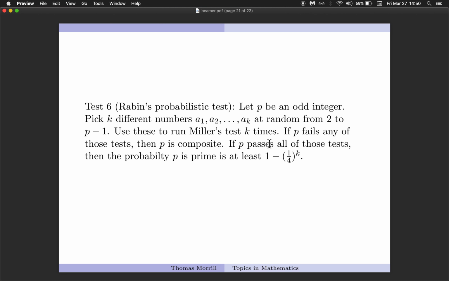So our probability will be 1 minus 1/4 to the power k. So the chance that you have some composite number beat the test would have been 1/4 to the power k, because it beat k different tests, which were all independent. So the probability that we actually have a prime number is going to be 1 minus that.